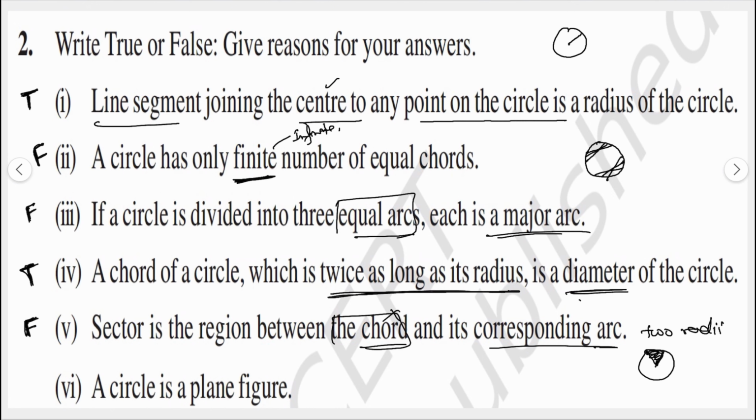Next one is, a circle is a plane figure. Since a circle is two-dimensional and we draw it on the plane, it is a plane figure, so this one is true.